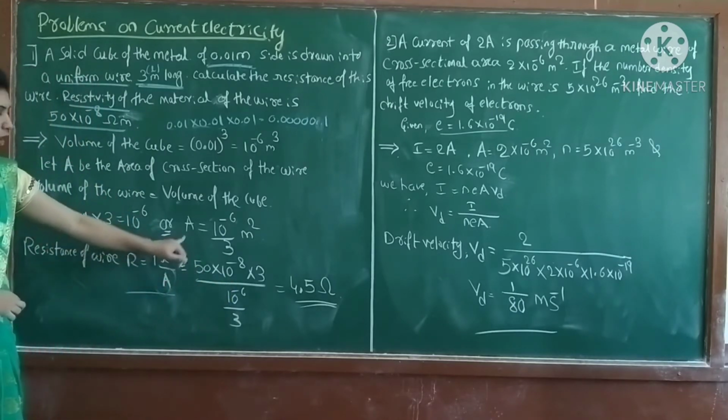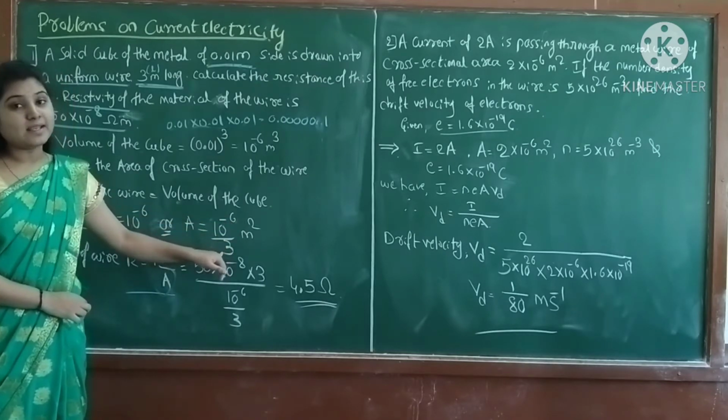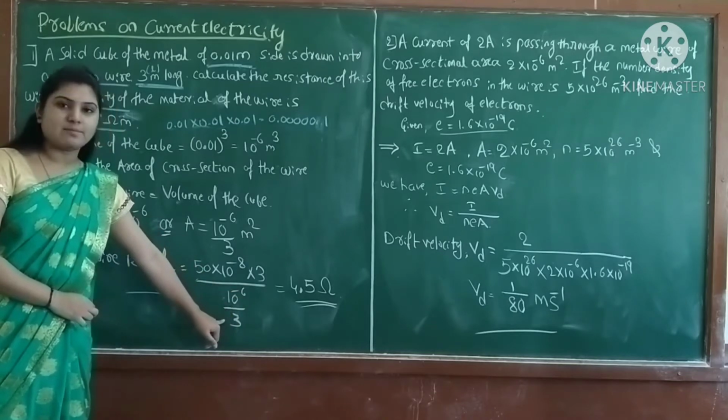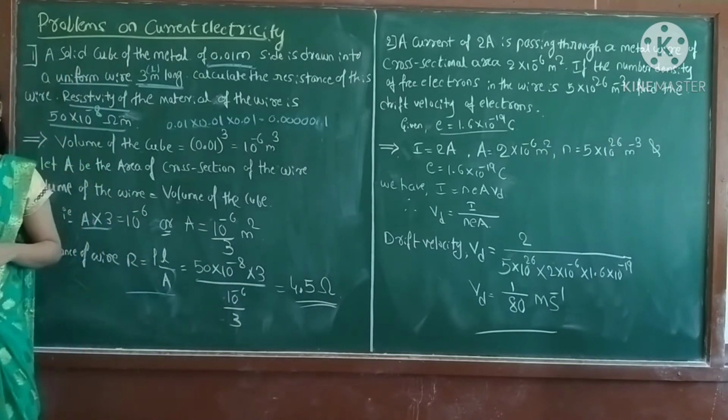The area we calculated is 10 to the power minus 6 divided by 3. Now just do the simple calculation.